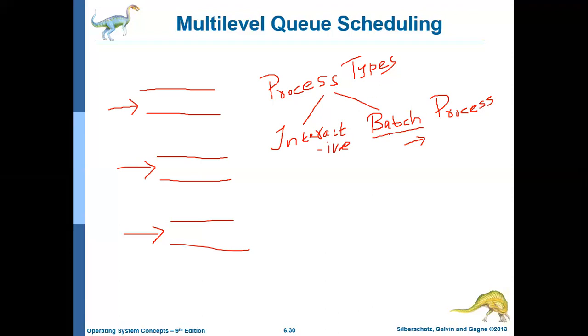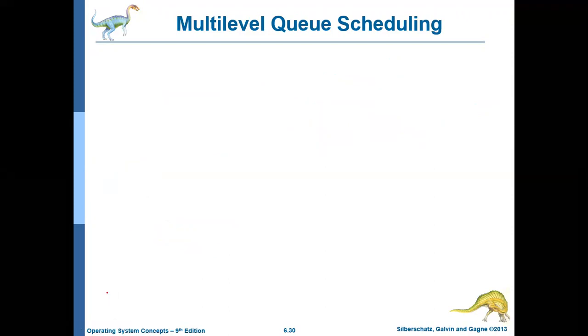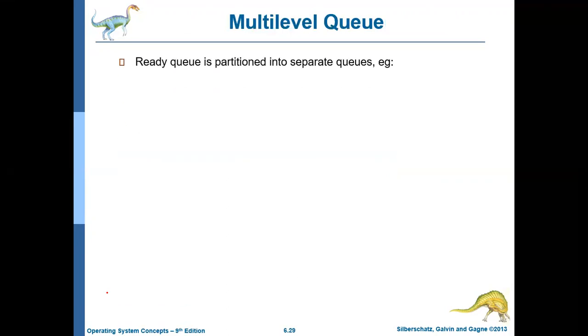What the operating system can do is, whenever an interactive process comes, it may put it in one queue, and whenever a batch process comes, it may put it in some other queue. So basically, in a multi-level queue scheduling algorithm, the ready queue will be partitioned into separate queues.